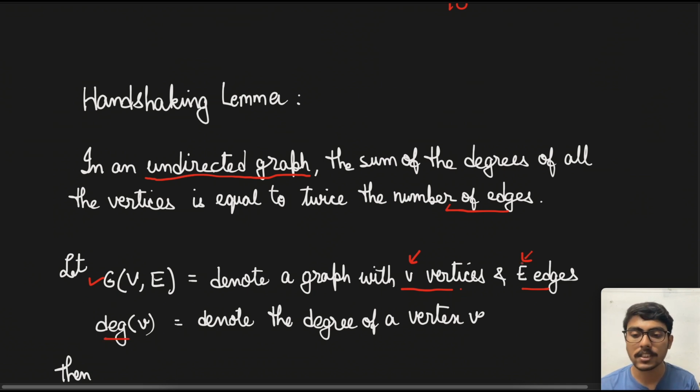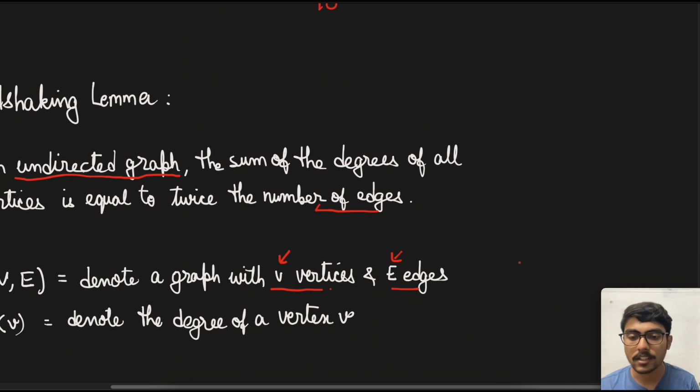Degree of a vertex simply means, like suppose I have a small graph here of 3 vertices and I have these 2 edges. The degree of this vertex is 1 because only one edge is connected to it. Similarly, the degree of this vertex will be 2 because 2 edges are connected to it, and the degree of this vertex will be 1 again.